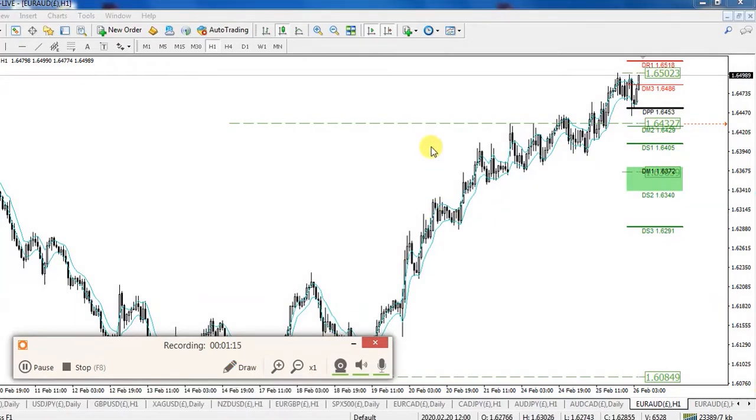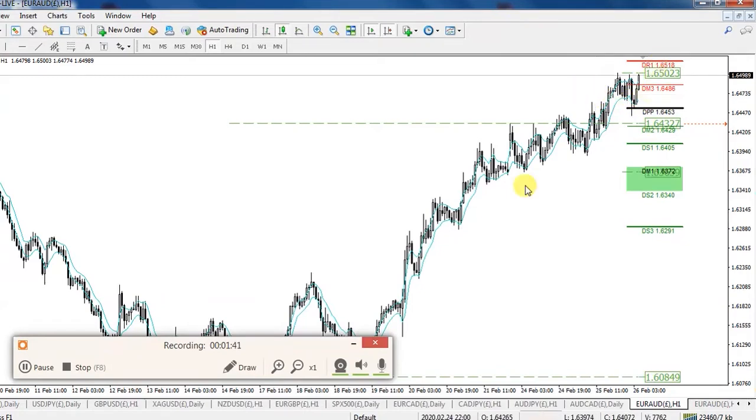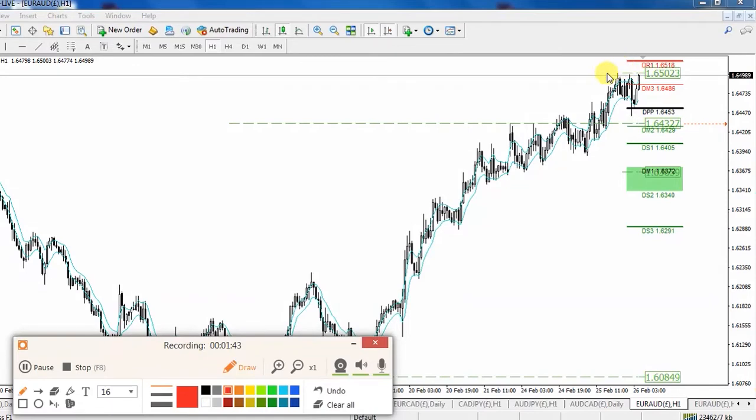This is a probability game, so it can turn around and go further down. If it retraces, then you can jump in around these lows, depending how far it's going to retrace back.